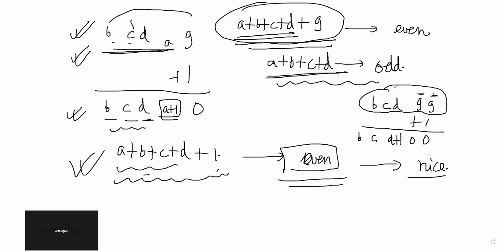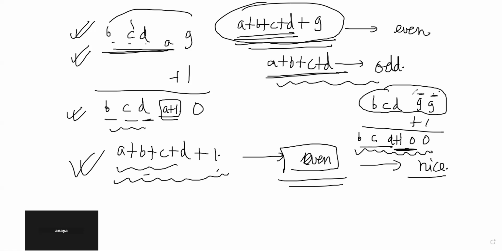Even apart from that, here 9 plus 9 is 18, and then B plus C plus D is even, and now even plus 1 is odd here, right? It won't work even apart from that. But if you take an odd number of nines, it will work, right? Do you understand what I'm saying? Yeah.